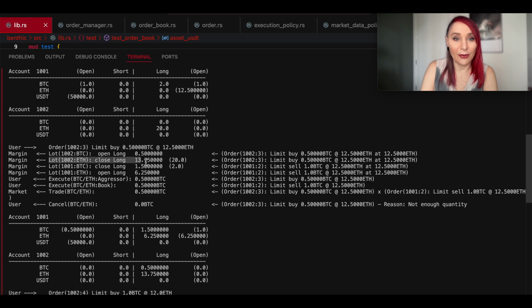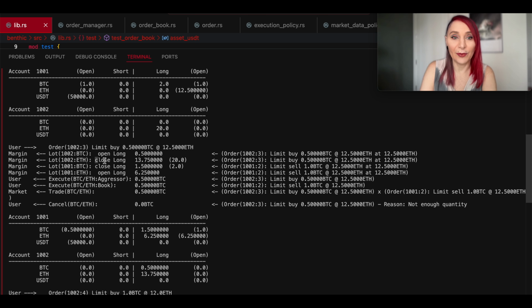User 2 also closes Ethereum. You can see that we're closing Ethereum because user 2 had 20 Ethereum on the long side, and in order to buy half Bitcoin, they had to dispose 12.5 Ethereum times half Bitcoin. So that's 6.25.